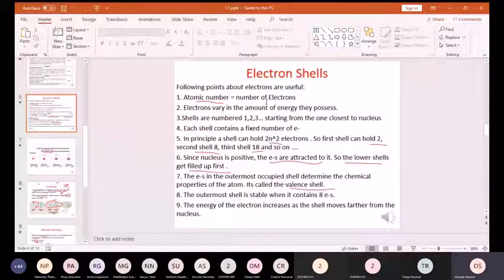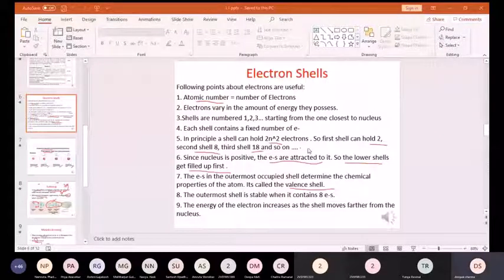We started with the electron shells and we noted down a few of the definitions like atomic number, which is nothing but the number of electrons or the number of protons in the atom, and the shells, they are numbered 1, 2, 3, right, starting from the nucleus. And we have also seen the maximum number of electrons possible in each shell.